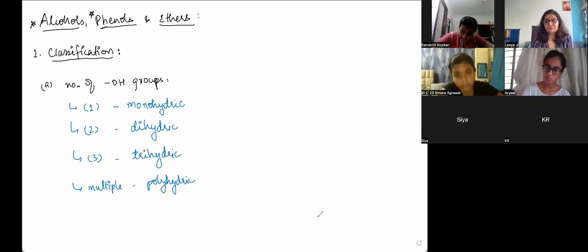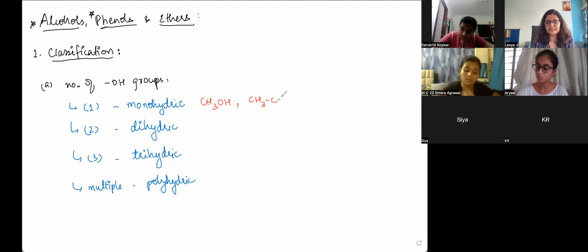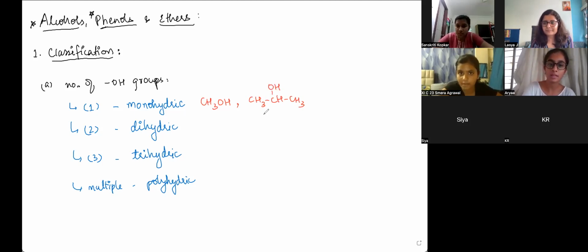Okay, so examples of monohydric. CH3OH, C2H5OH, isopropyl alcohol. Basically you can give any example that has just one OH group. Can you write the structure for isopropyl?